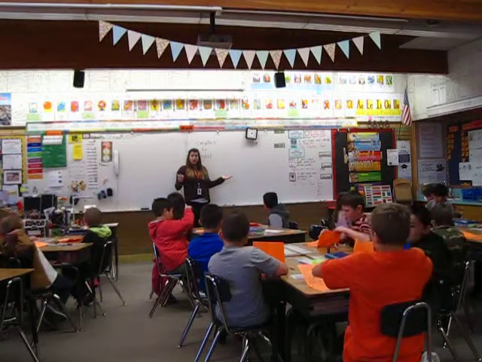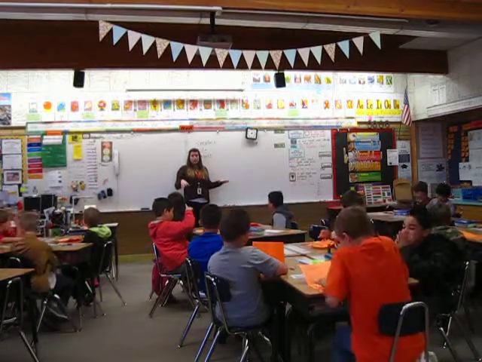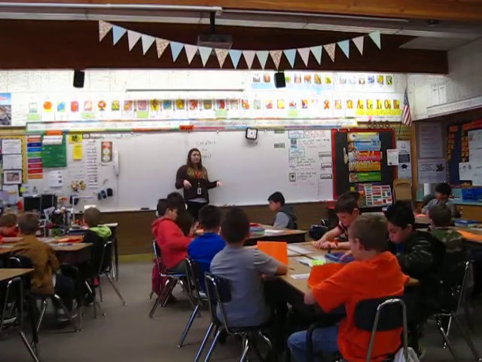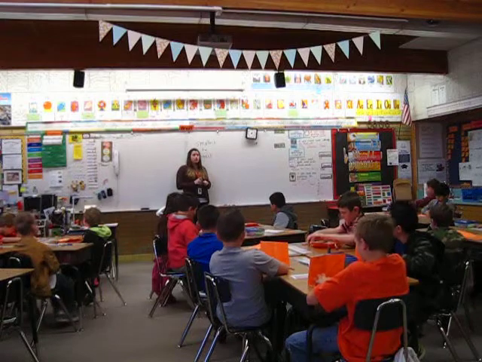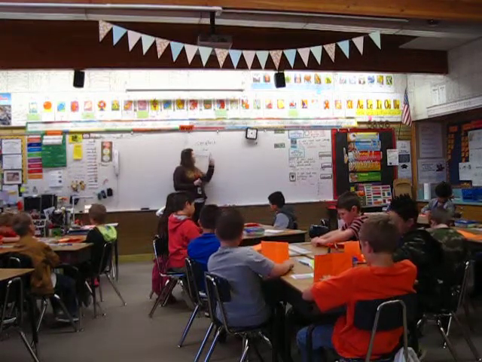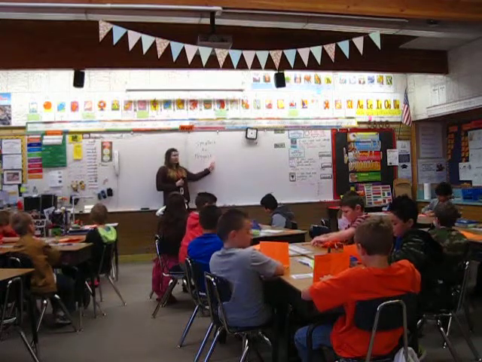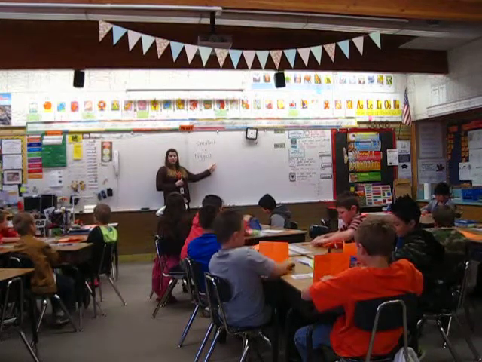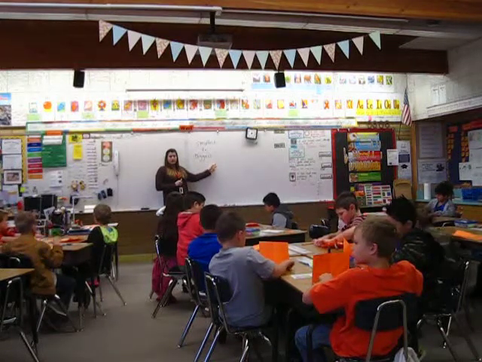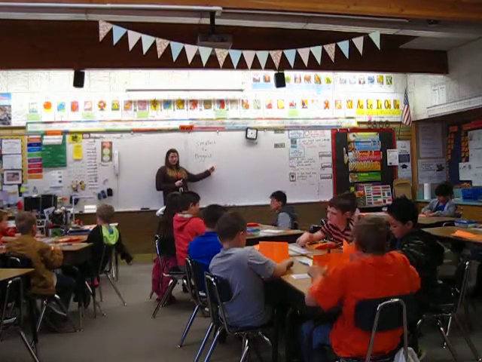So, with that said, papers are still down. Thank you. I'm going to give you 1 minute to order your fractions that you have just drawn out from smallest to biggest in the middle of your table. Ready, set, go.